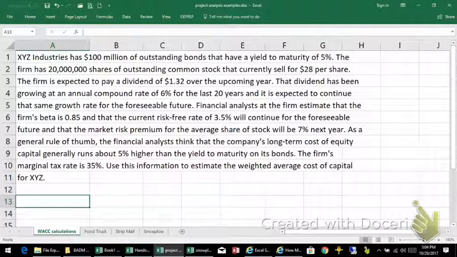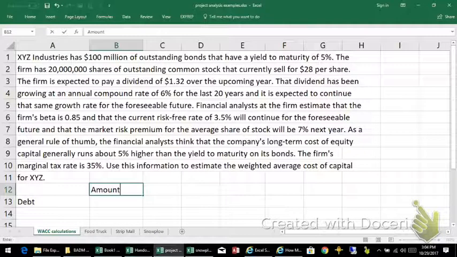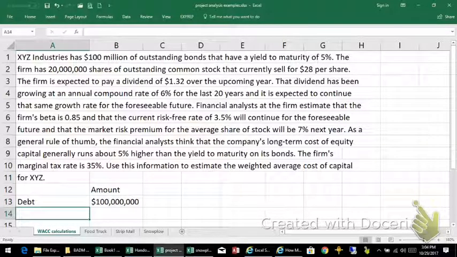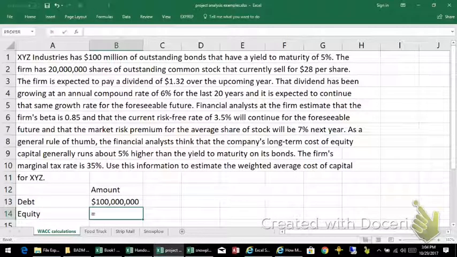So if we're doing the total capital, the amount of debt is $100 million, and the amount of equity would be 2 million shares, or I'm sorry, 20 million shares, and they sell for $28 a piece.